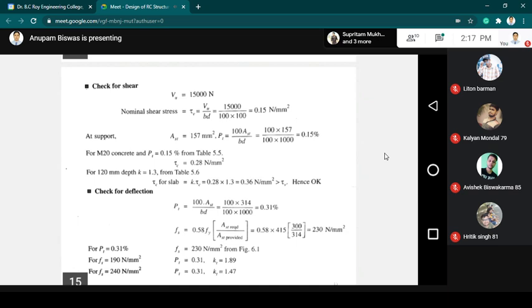So for Fe415 steel, and the required and provided is given, and finally we get the value of Fs. Now for this corresponding value of Fs 230, we will get the corresponding value for PT 0.31%, the value of K1 KT for Fs 190, and for Fs 240 you will get the value of KT as 1.47. These figures you can find in the previous class that we have discussed.